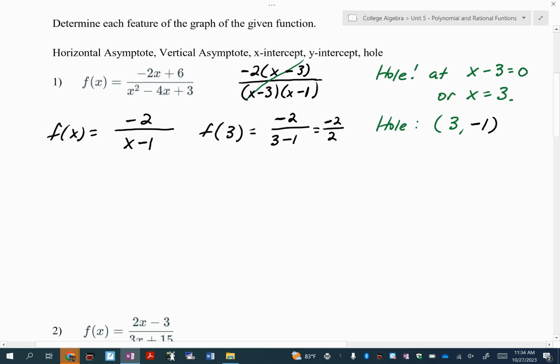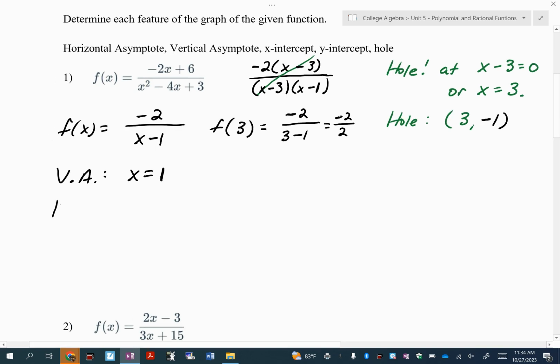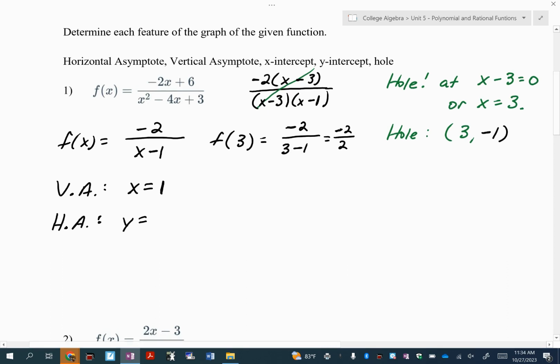Now, to find the vertical asymptote, all right, I always look at whatever is left in the denominator. So in the denominator, I see x minus 1. So what would make x minus 1 become 0? That'd be x equals +1. For the horizontal asymptote, it's actually probably easiest to go back to the original function.